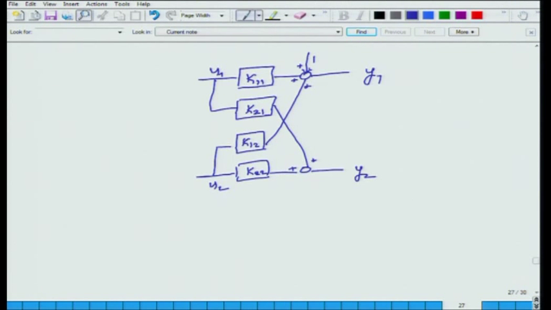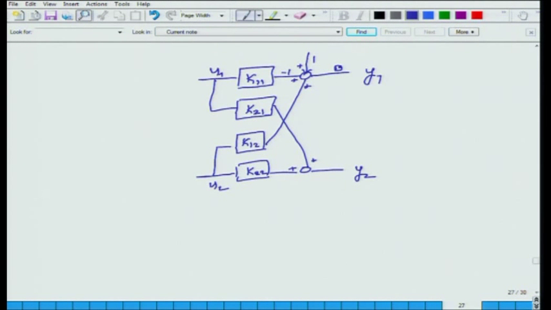Because the disturbance came in, now y1 has gone to 1. If y1 has gone to 1, what should I do to u1 so that this signal becomes minus 1? Then 1 minus 1 will bring this to 0, yes or no?